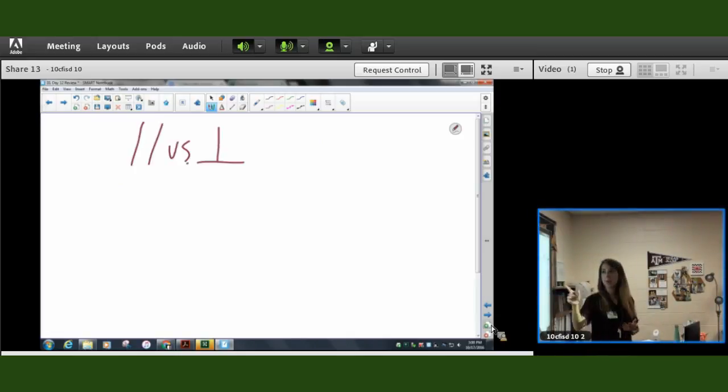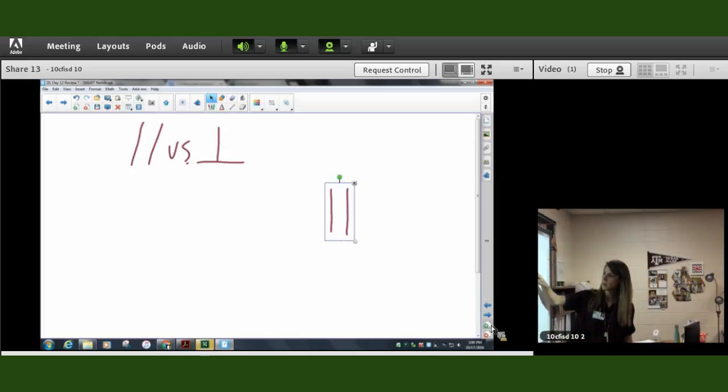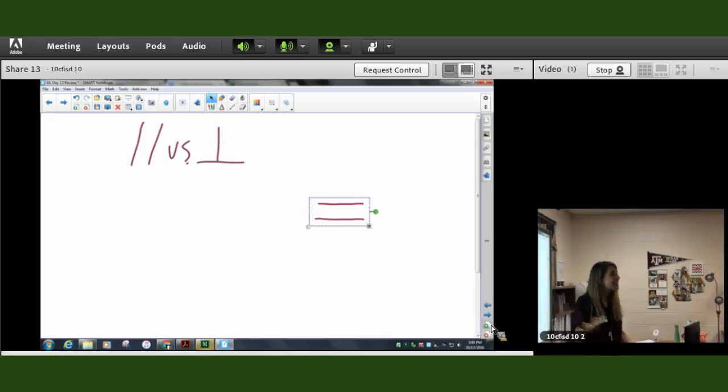If two lines are parallel, what's true about their slopes? I just thought about this. Take a parallel symbol, take that symbol, and rotate it. What is that? Equal. It's an equal sign. And parallel lines have equal slopes.